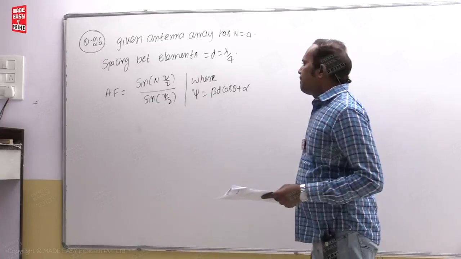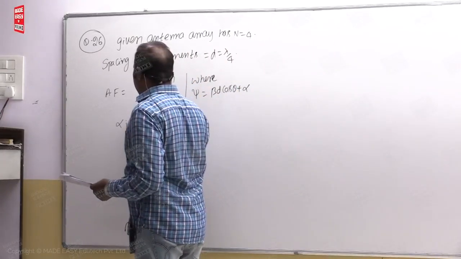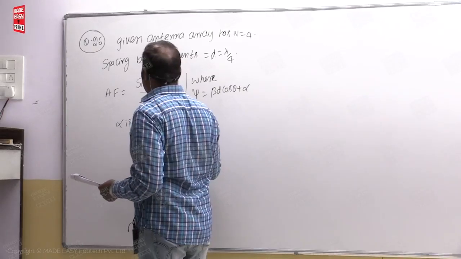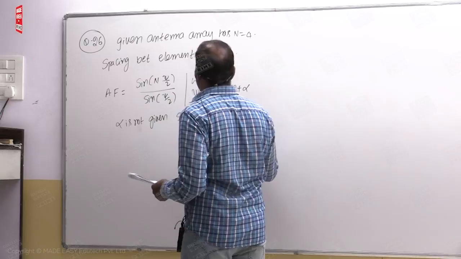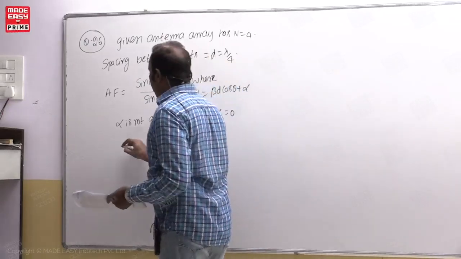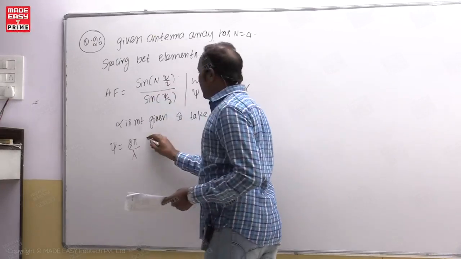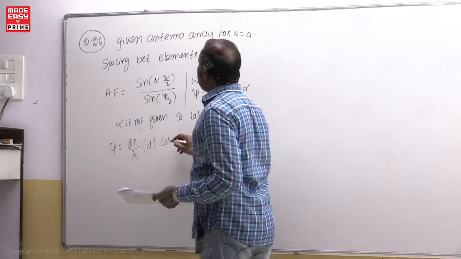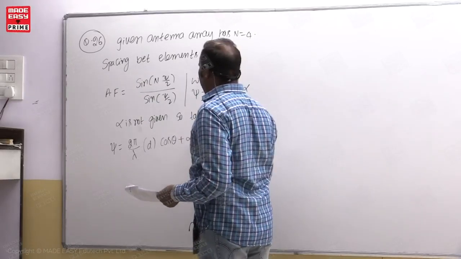Actually, dear students, first let us calculate psi. Alpha is not given in the question, so take alpha 0 if not given. Then psi is equal to beta, which is 2 pi by lambda, d cos of theta, of course, plus alpha.